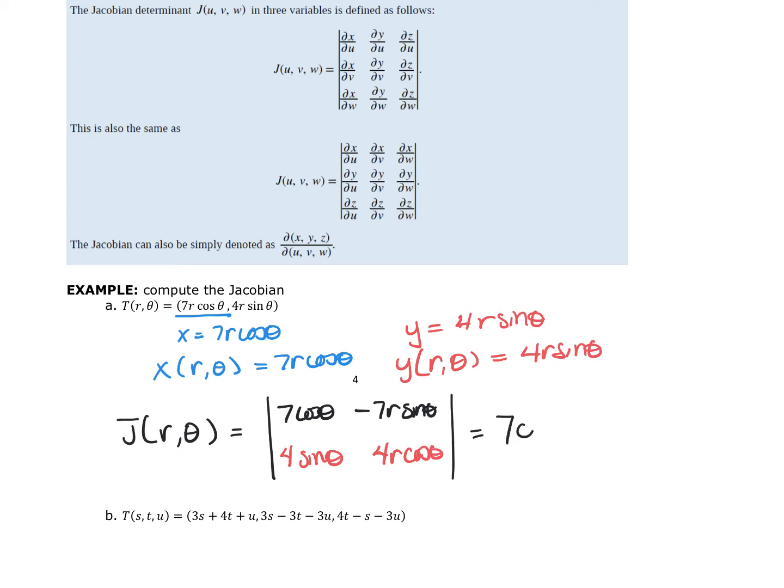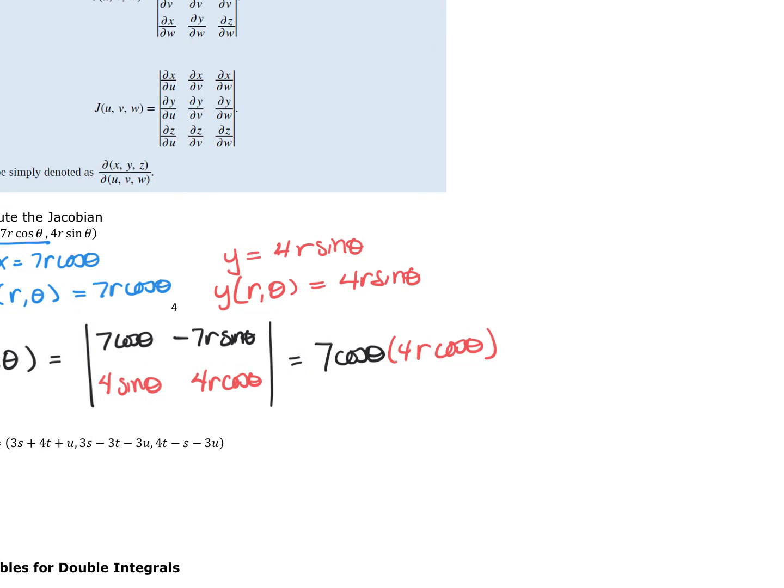Now I'm going to do the determinant. So it's 7 cosine theta multiplied by 4r cosine theta, minus 4 sine theta multiplied by negative 7r sine theta.